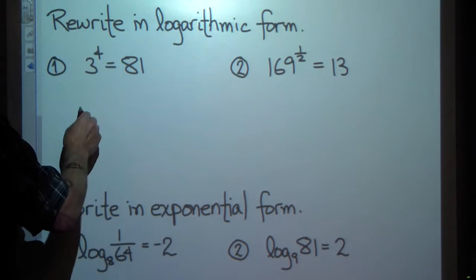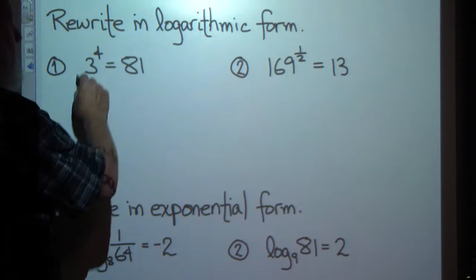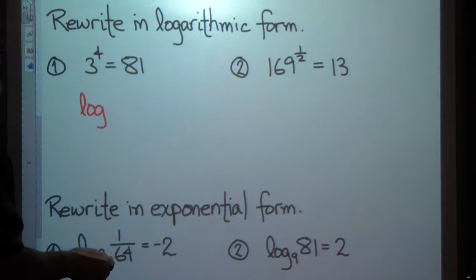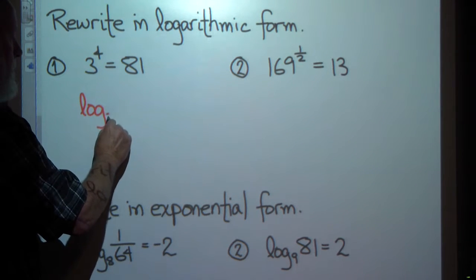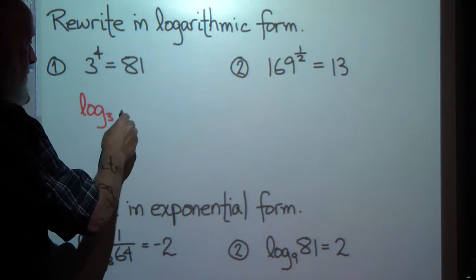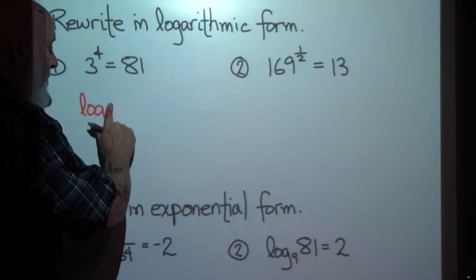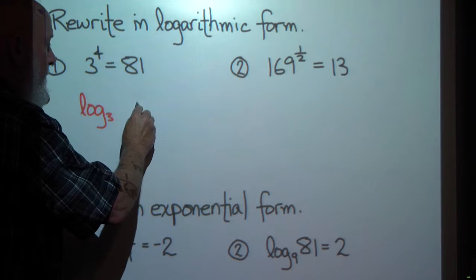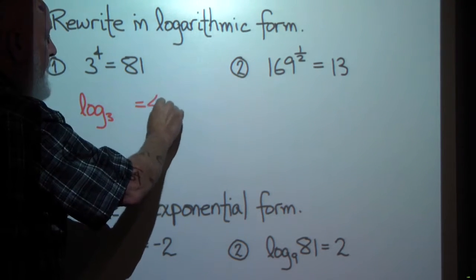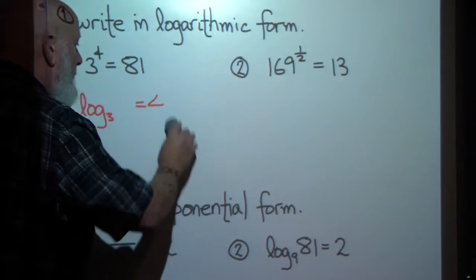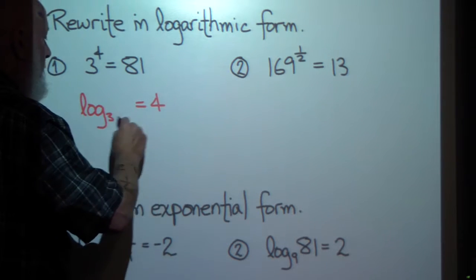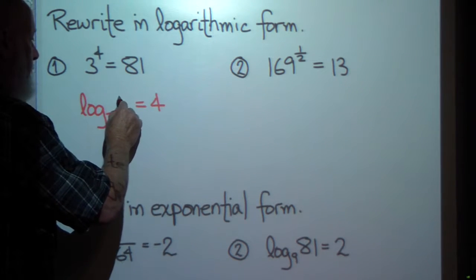Rewriting in logarithmic form. I'm going from an exponential equation, so I write the word log. My base is 3. Notice that it shrunk, it's physically smaller. Log base 3 of, I'm going to give myself enough room to write a number here, is equal to 4. 3 to the 4th power is equal to 81.